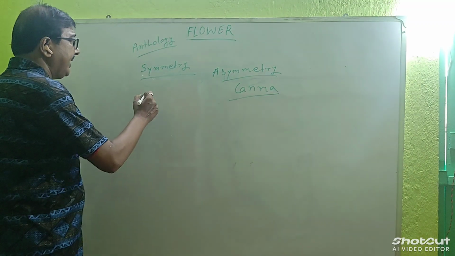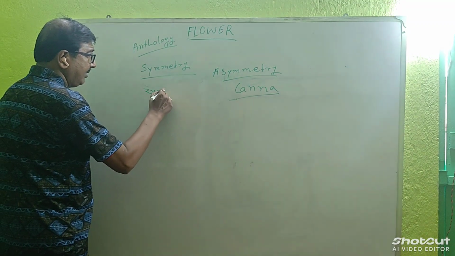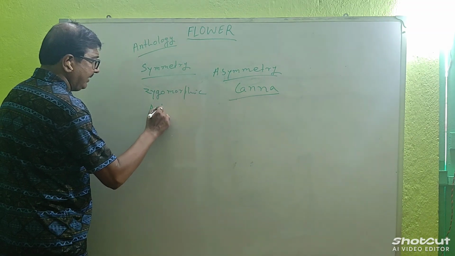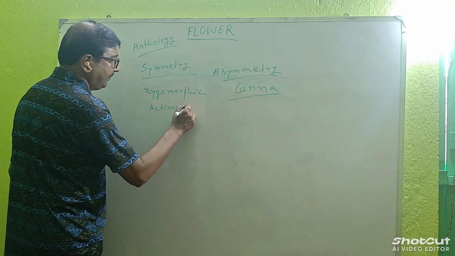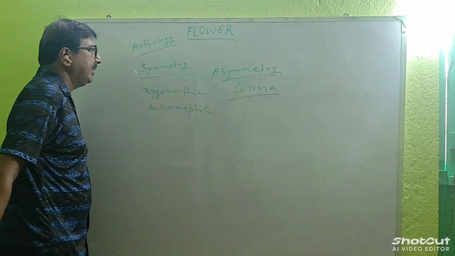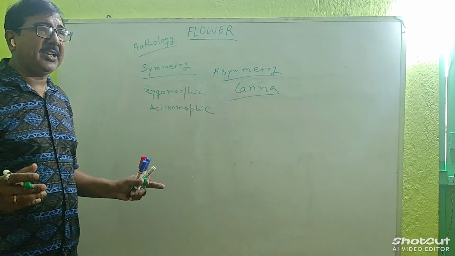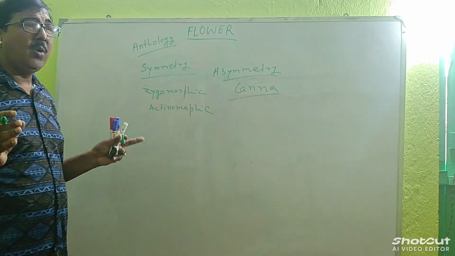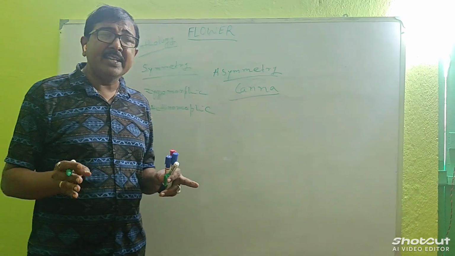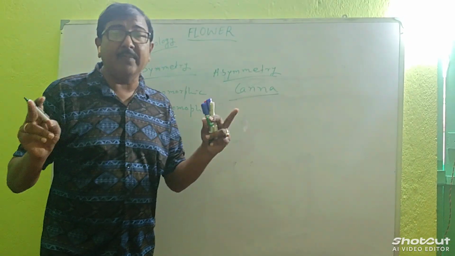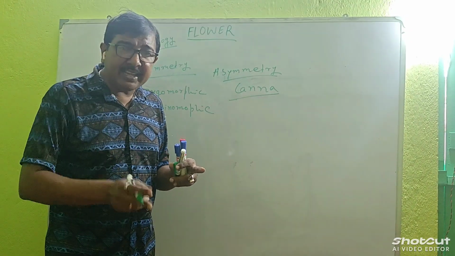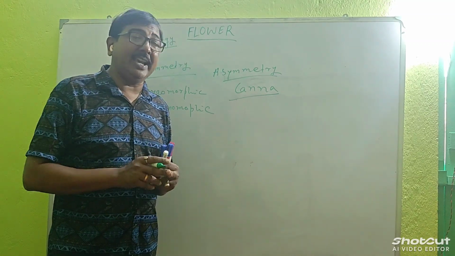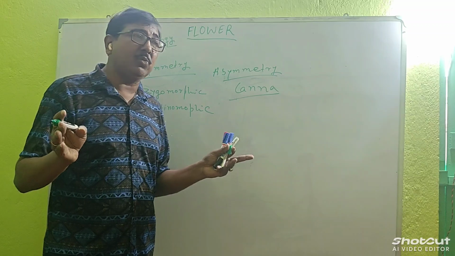Then zygomorphic and actinomorphic. Okay, মানে depend on symmetry, zygomorphic and actinomorphic. Zygomorphic means when a flower is divided into two halves by a symmetrical line, only one symmetrical line, we can divide the flower into two halves.